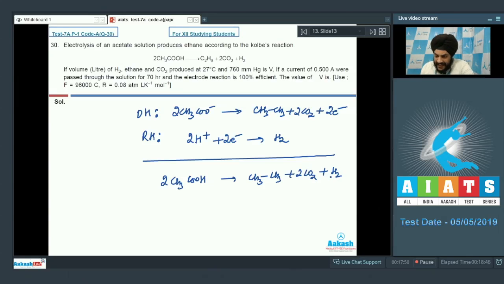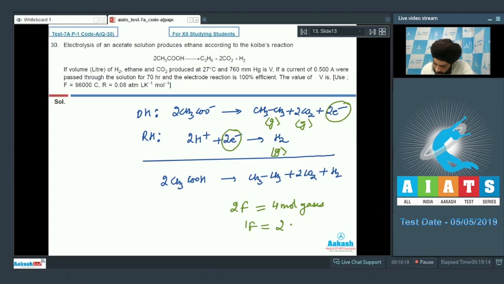So students, in this system we can clearly see that for every 2 moles of electrons gained and lost, there is an evolution of 4 moles of gaseous compounds. So the ethane is also a gas, CO2 is also a gas and hydrogen is also a gas. So 2 faradays will lead to the evolution of 4 moles of gases. So 1 faraday will lead to evolution of 2 moles of gases.